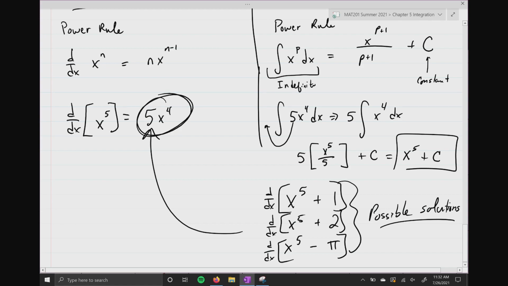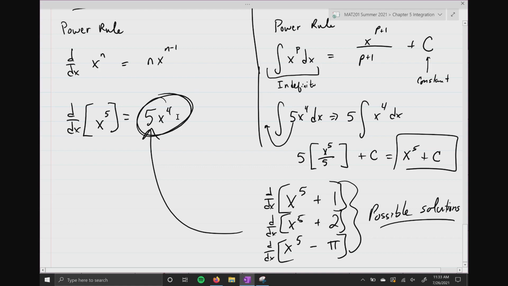So when we take the antiderivative of an indefinite integral, we don't know what solution we're talking about, so we add this plus c, which is just some constant that we don't know what it is. An easy way to check yourself is just to take the derivative, and you should get what you originally started with.